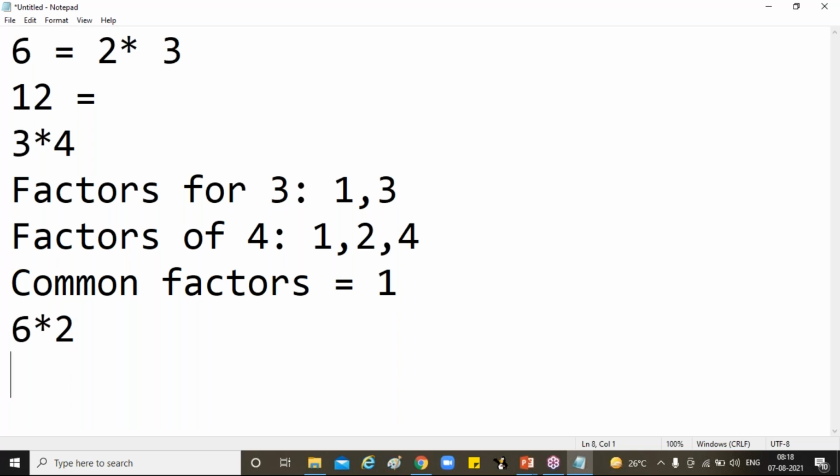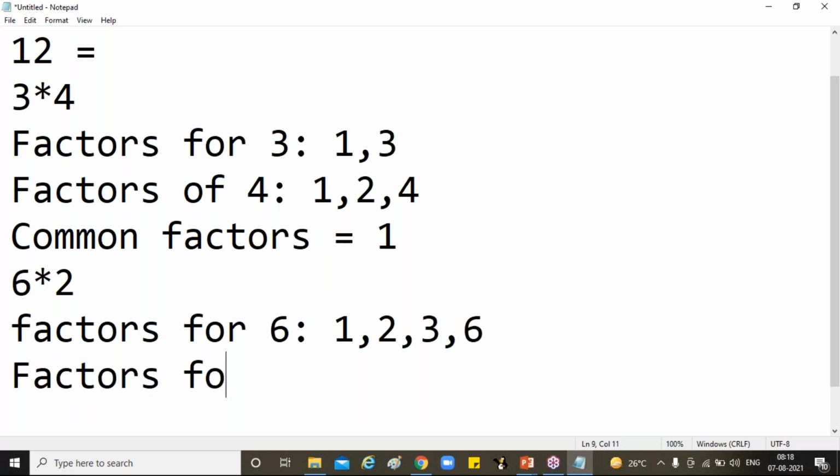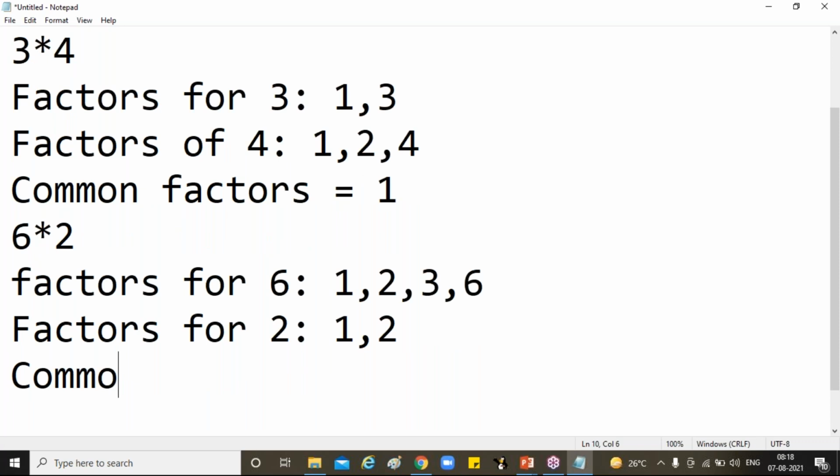Okay. So here, what are the factors of 6? 1, 2, 3, 6. And for 2, the factors are 1 and 2.